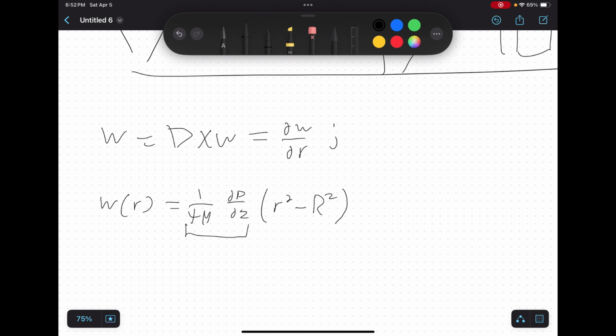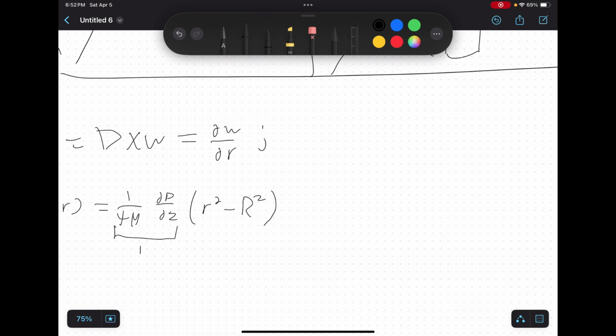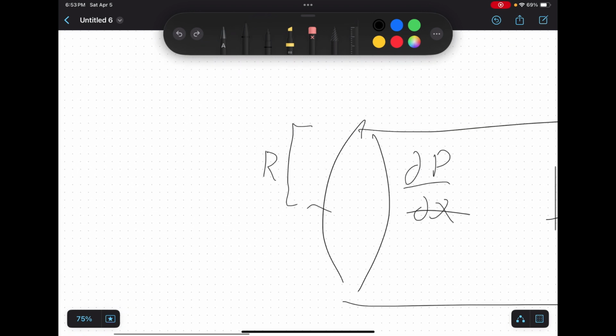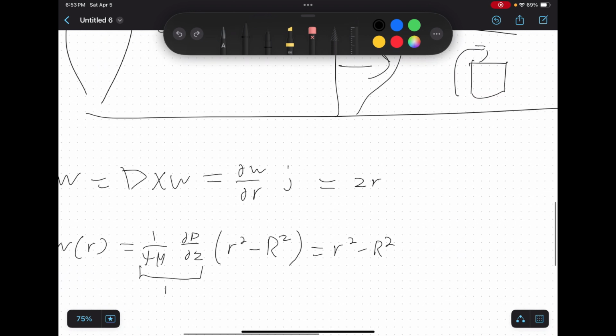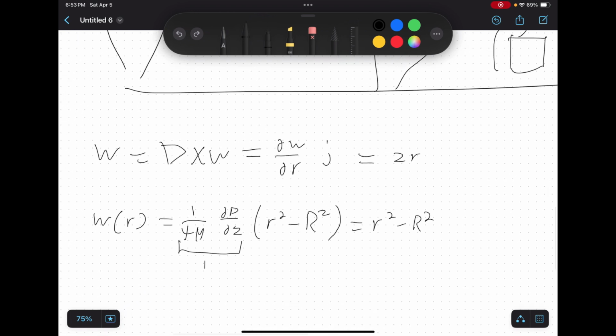Again, I'm going to lump all these together and just call it 1. We'll take the derivative of r squared minus R squared, and we get 2r minus R squared. Is that right? No, this literally goes away. We just get 2r because this isn't a function of r. It's a number, which kind of sucks. I drew both as r, but I like it, so I'm going to stick with it.